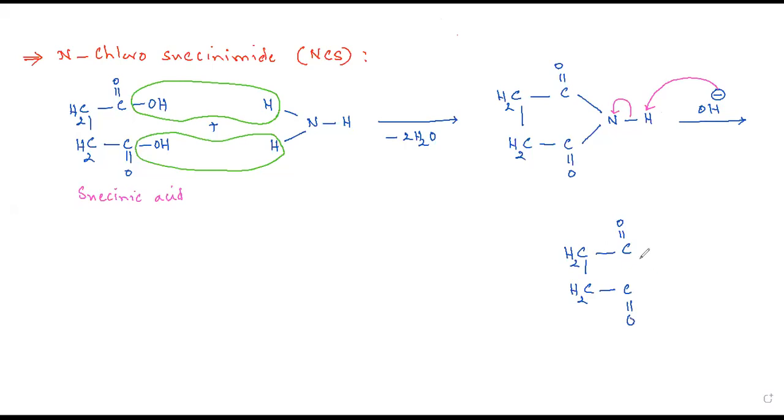Then we get a negative charge on this nitrogen. Now it is very much ready to attack chlorine. In this place, you can take bromine if you want NBS.